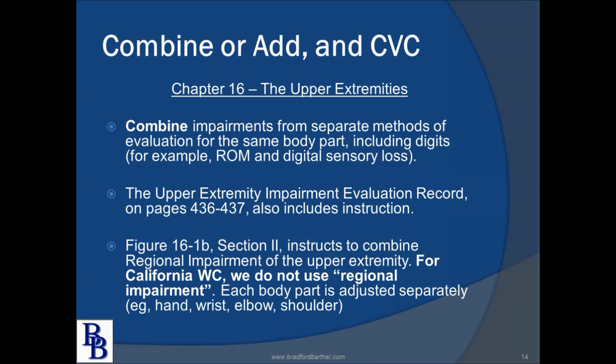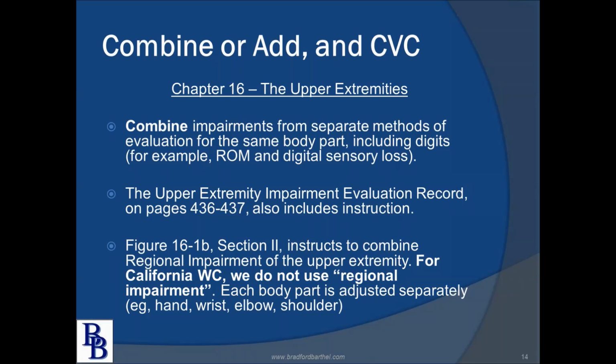What that instruction in the guides is saying is, it is telling a doctor if they come up with a total shoulder impairment, a total elbow impairment, a total wrist impairment, to combine those. We don't need that for California, but again, we have doctors that will do that because they're doing their best to follow the instructions in the AMA guide.